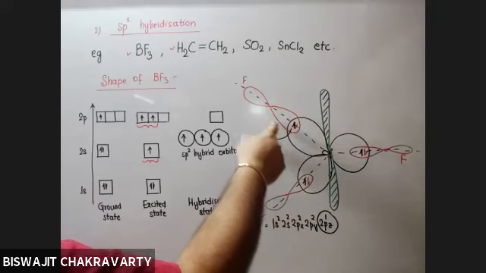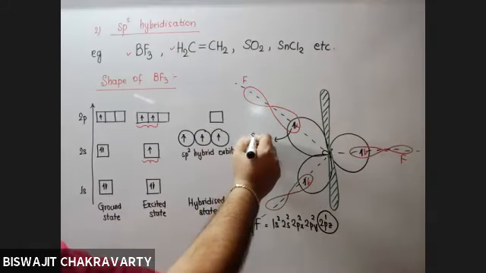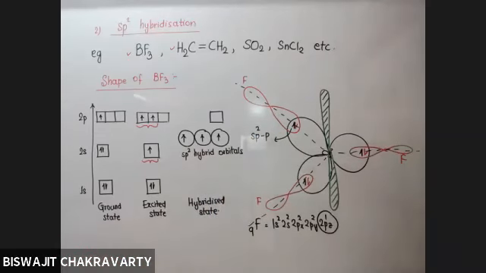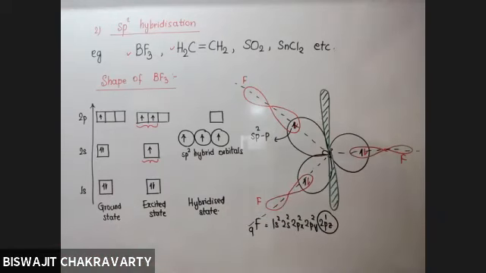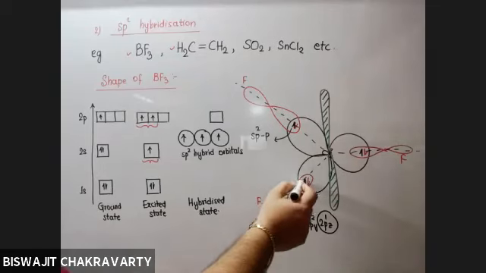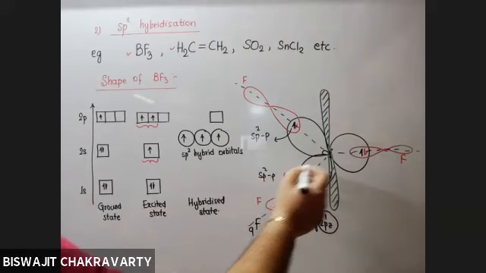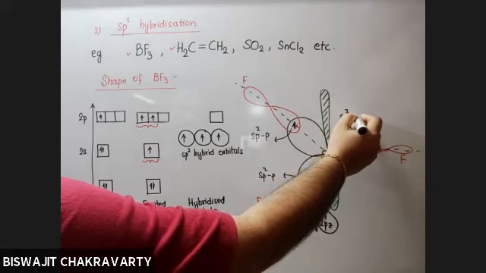And what is this, fluorine? Is it not p? So what will be the type of sigma bond? It will be sp2-p sigma bond, isn't it? Similarly, what about the other two? They are also equally sp2-p sigma bonds, isn't it? Yes, sir. So all the three are sp2-p sigma bonds, suggesting that all of the three have equal bond lengths.